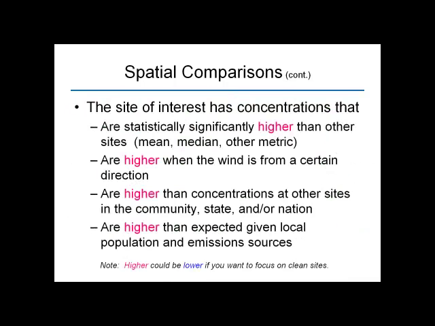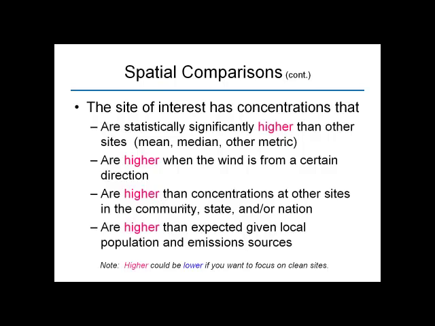All right, so all of those examples are ways of doing spatial comparisons. If you can put multiple analyses together, you can prove that your concentrations are statistically significantly higher than other sites. So you can show a spatial gradient. You can show that the concentrations are higher when the wind is from a certain direction, which might indicate a nearby source, or which might indicate a specific meteorological pattern that's occurring.